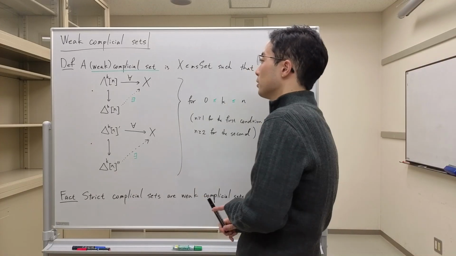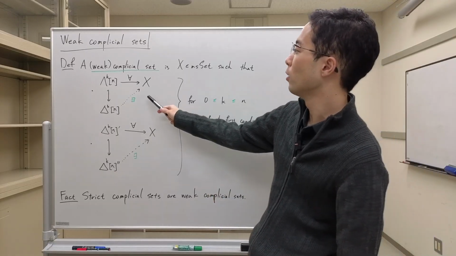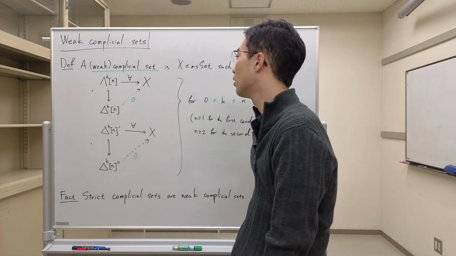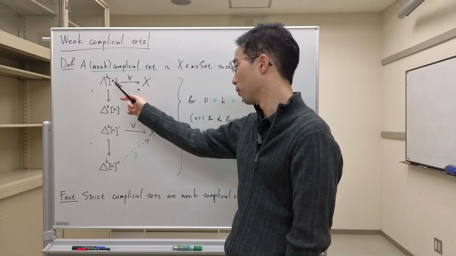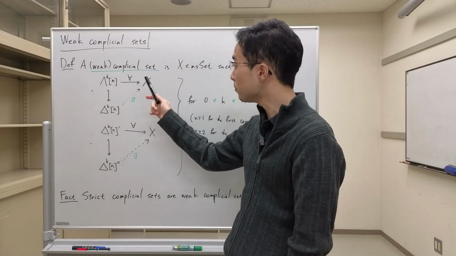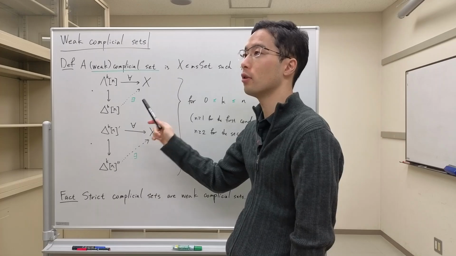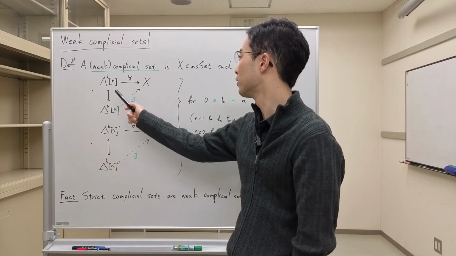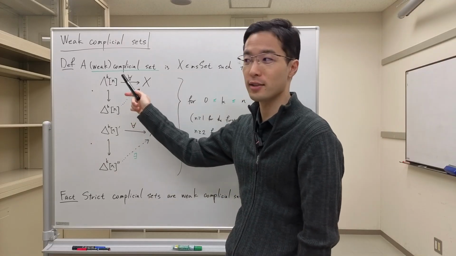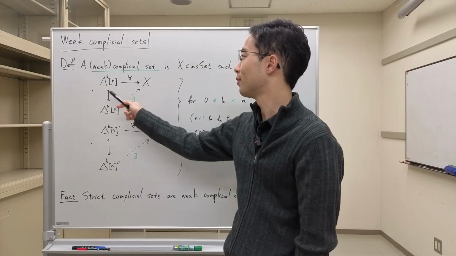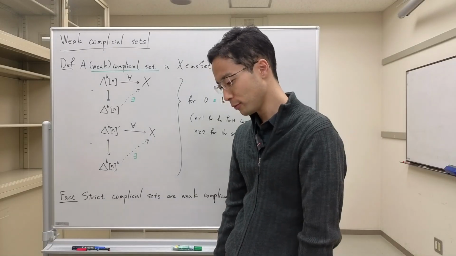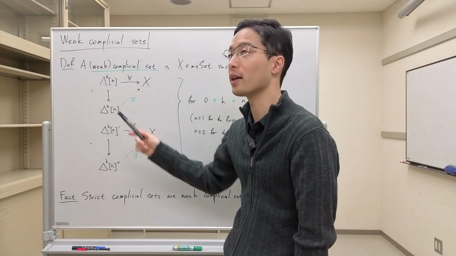And the second difference is that we no longer ask for a unique existence. For example, think about the composition of a pair of one cells encoded as a lifting property against the two-dimensional Horn inclusion, the inclusion of the Horn into the two-simplex.